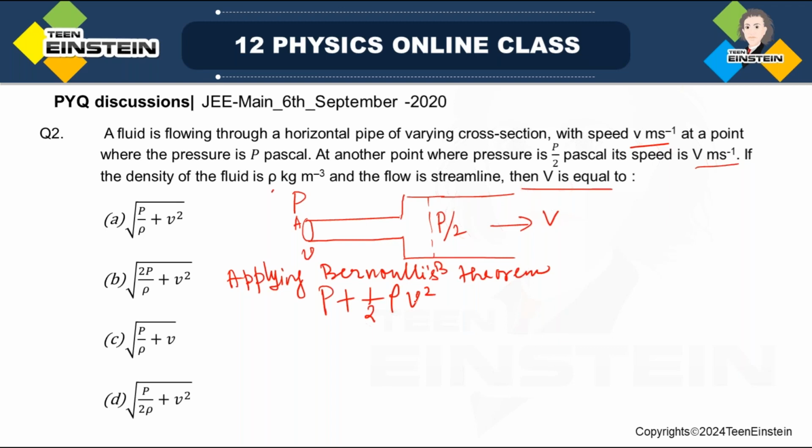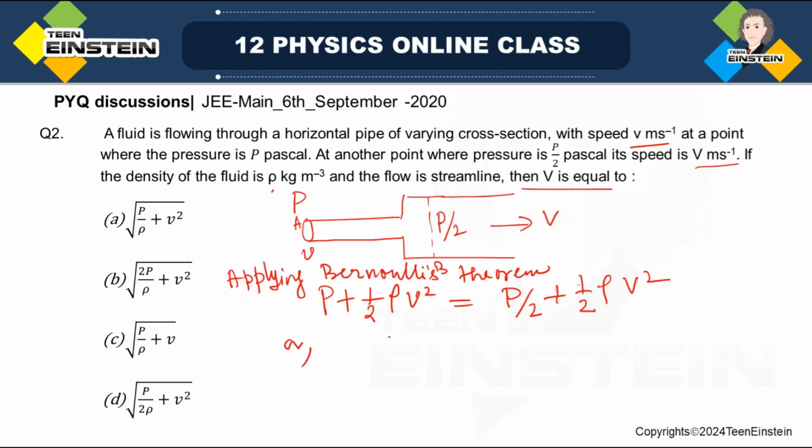The potential energy for both places will be the same, so I'm not writing it, because there is no height difference. At the horizontal surface, let us take the potential energy to be 0. And here the pressure energy is P by 2, and the kinetic energy is half rho capital V square, because rho is constant.